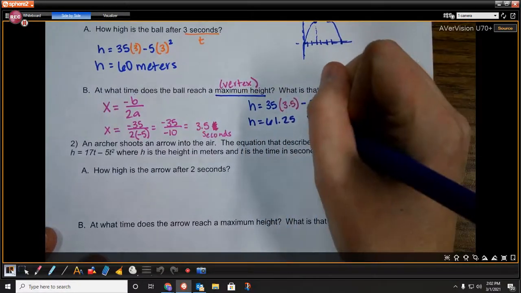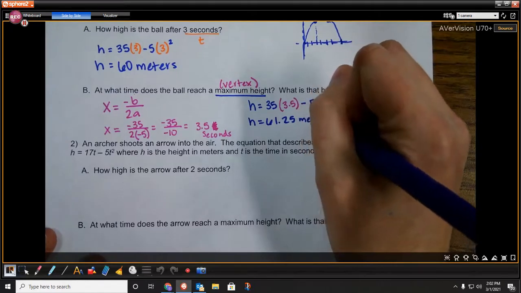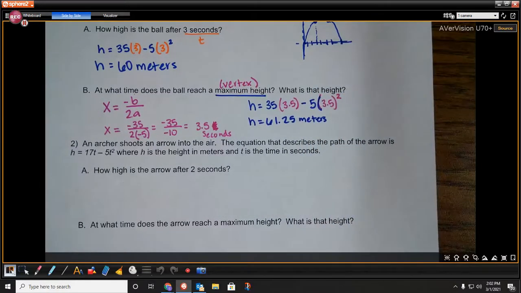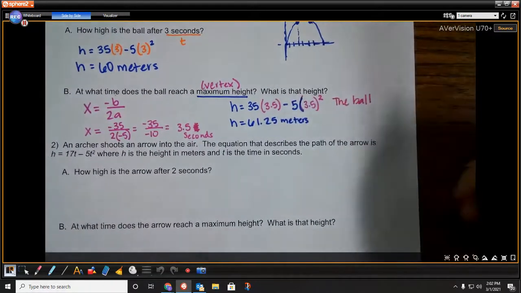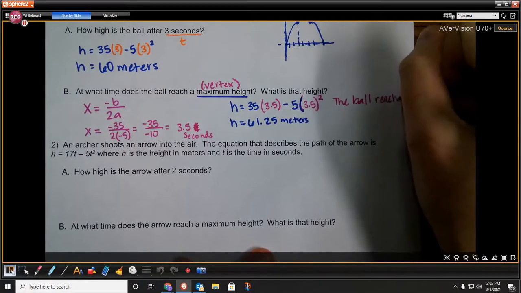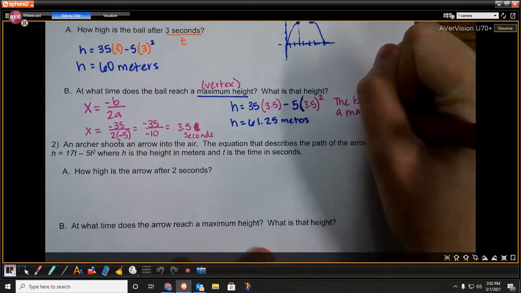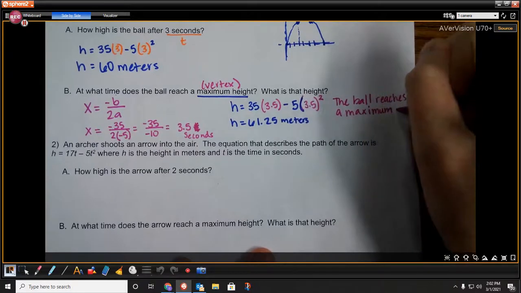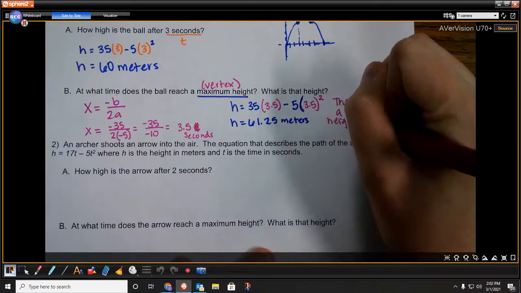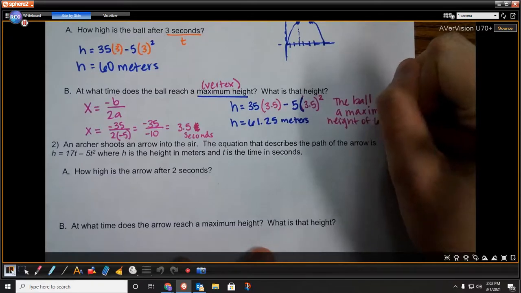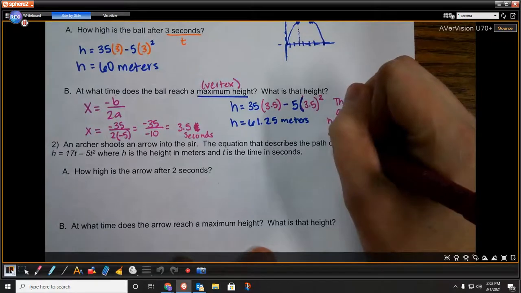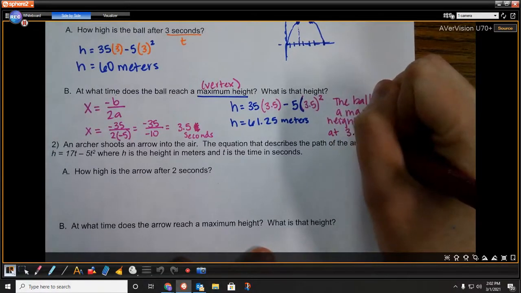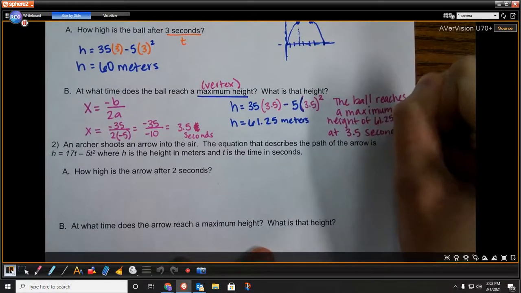And remember, that's going to be in meters because our height was measured in meters. So what we can say very confidently is that the ball reaches a maximum height of 61.25 meters at 3.5 seconds.